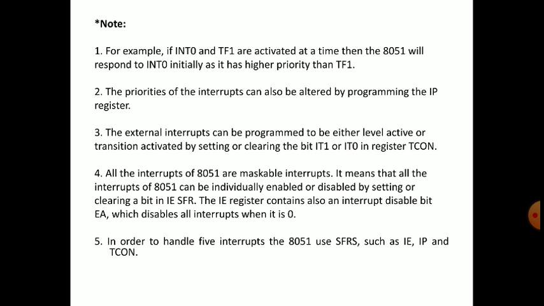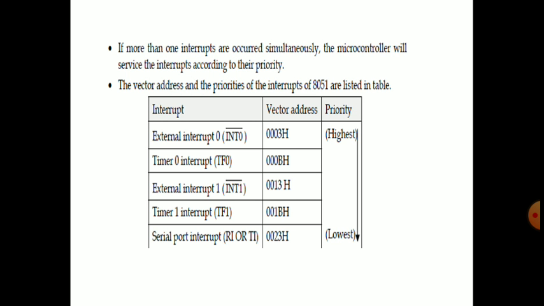So in the note section, for example, if int 0 and tf1 are activated at a time, then the 8051 will respond to int 0 initially, as it has higher priority than the tf1. int 0 means external interrupt 0, that is the first one, that is the highest priority, and tf1 is the timer 1 interrupt, but it has the next to the lowest.